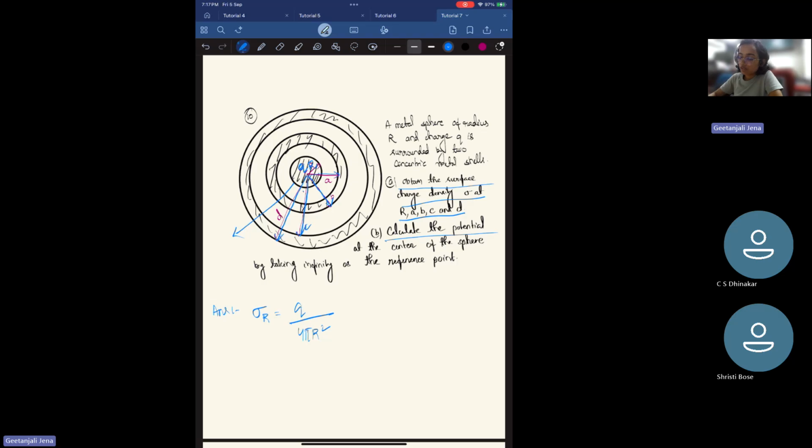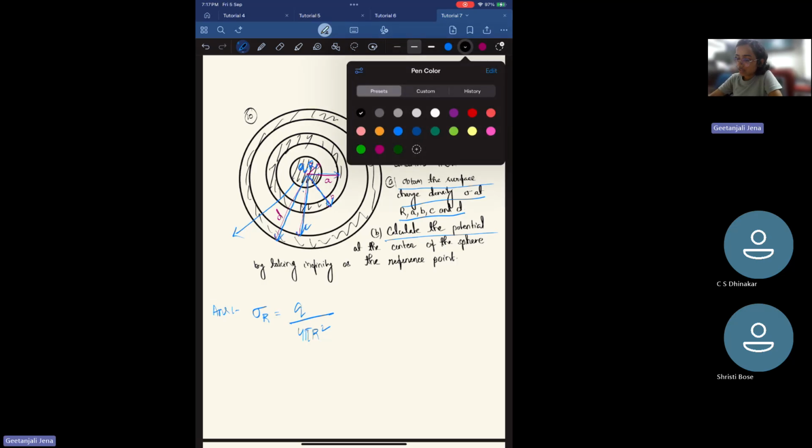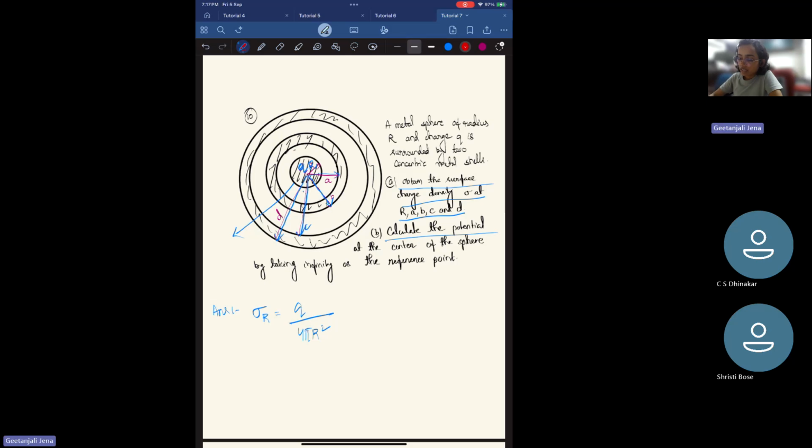And because of this Q, charge minus Q will be induced here, then plus Q charge, then minus Q charge, and plus Q charge.